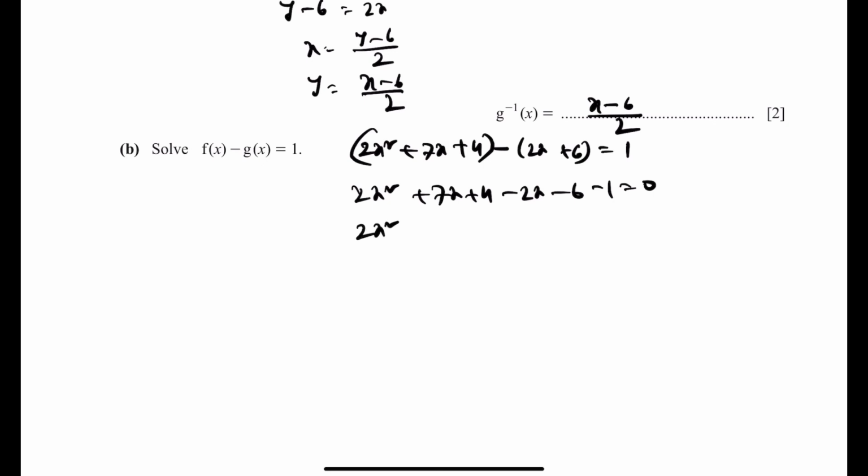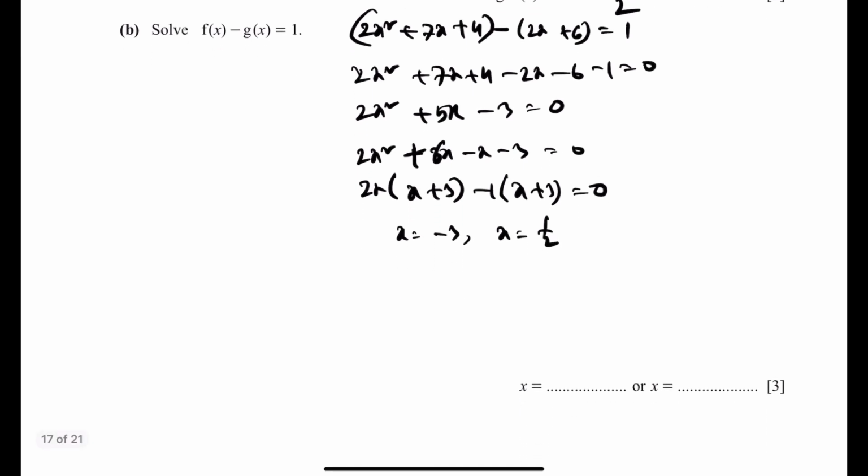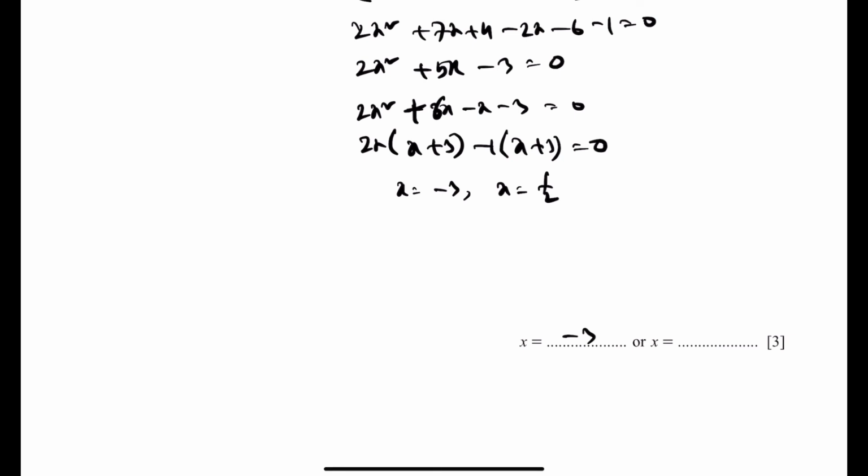So 2x square, 7x subtracted 2x, it is becoming plus 5x. 4 minus 6 minus 1, that is minus 3 equals 0. 2x is common, x plus 3 is common, x plus 3 equals 0. So x equals minus 3 and x equals half. This is nice to solve.